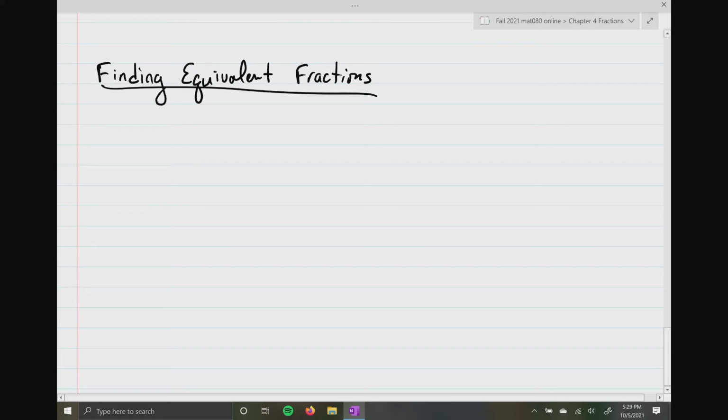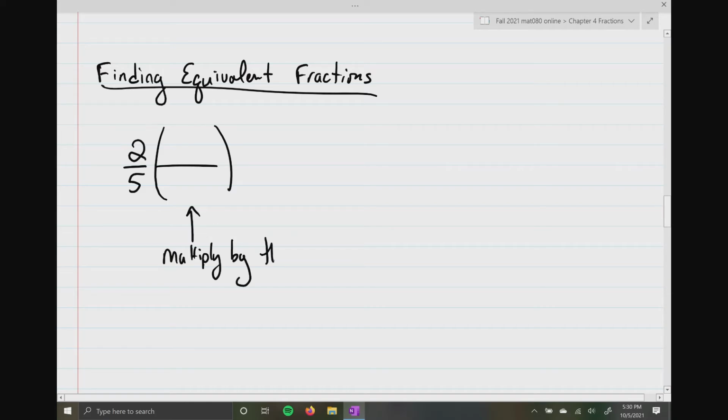When we're talking about equivalent fractions, what we're really saying is we want to take a fraction like 2/5 and multiply this fraction by the number 1. Because remember, 1 times anything is itself.